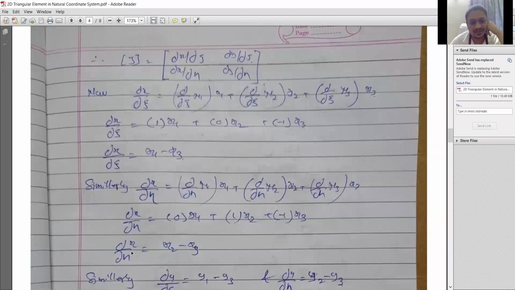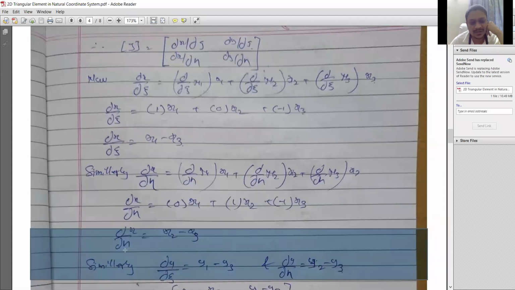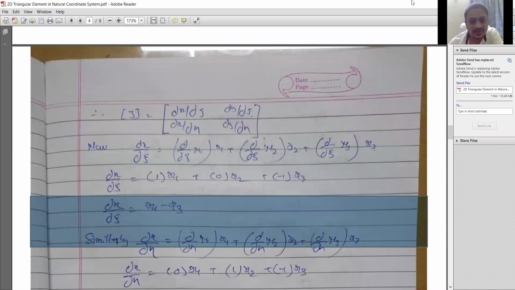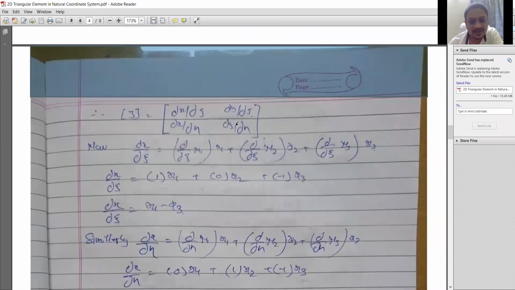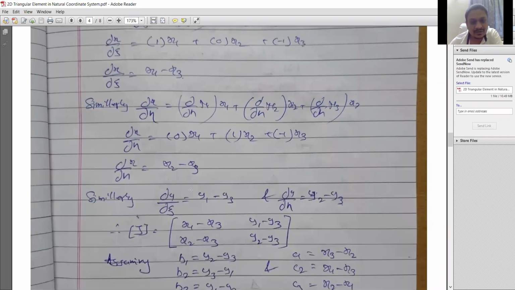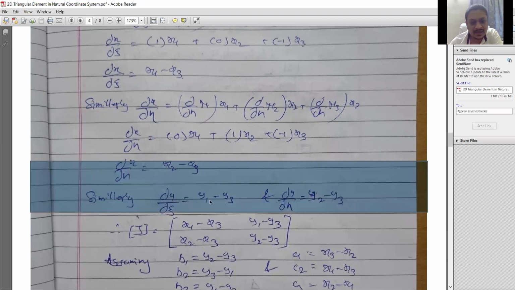So as a result of this, we get dx by d eta as x2 minus x3. Here we have got x1 minus x3. Similarly, the other terms, that is the terms of y, dy by d xi and dy by d eta, can be calculated, and you will find dy by d xi is y1 minus y3, whereas dy by d eta is y2 minus y3.